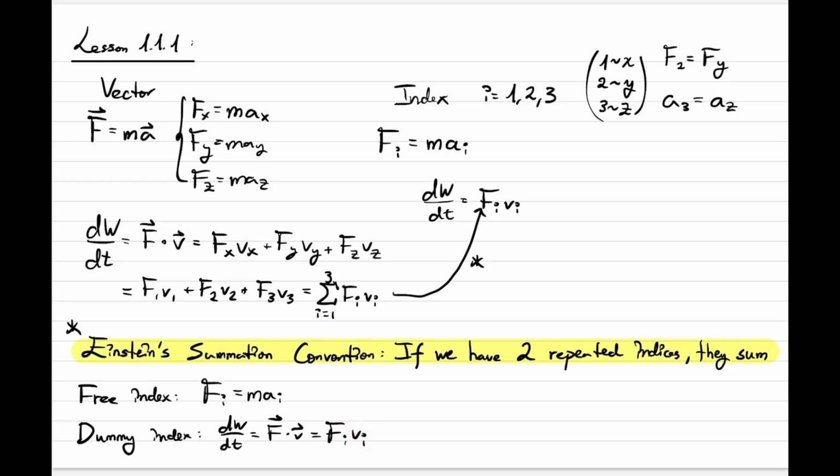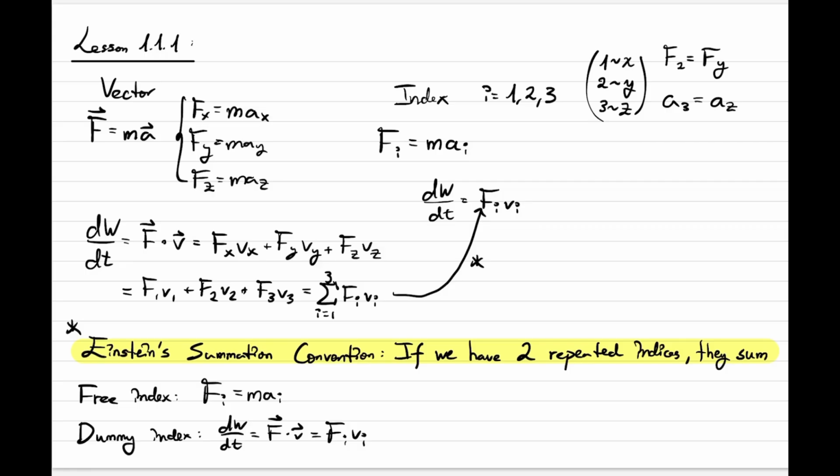You can't give values to that index because it's embedded in a sum. So you don't gain new equations by giving values to the I, and we call this a dummy index. So I hope you see the difference between free indices and dummy indices.